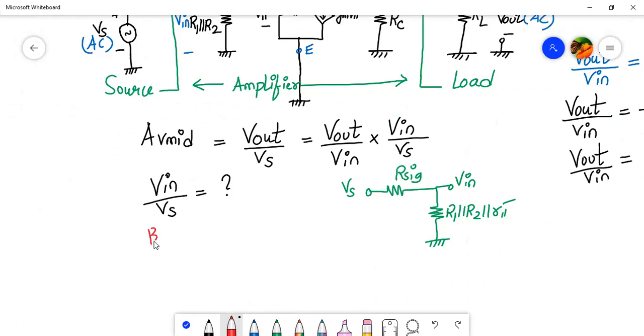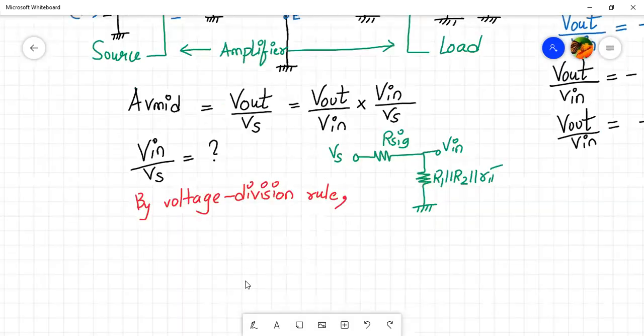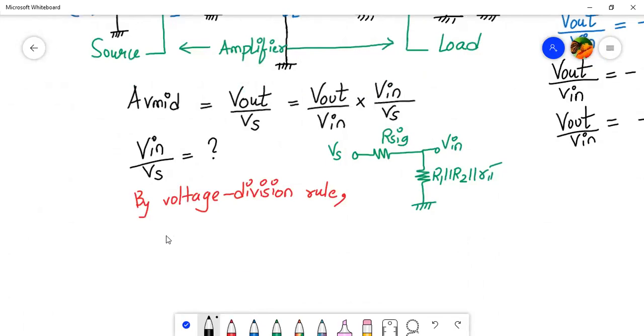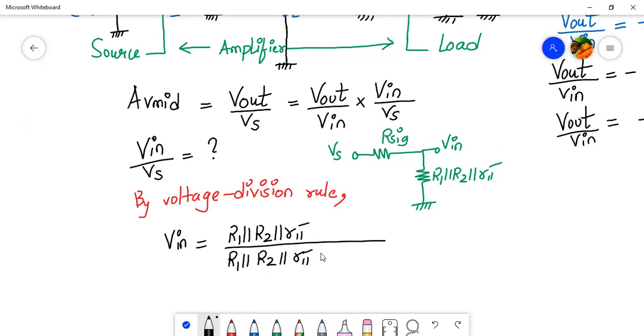We can use the voltage division rule. What can we write by the voltage division rule? We can write V in as R1 parallel to R2 parallel to R pi, divided by R1 parallel to R2 parallel to R pi plus R sig resistance.